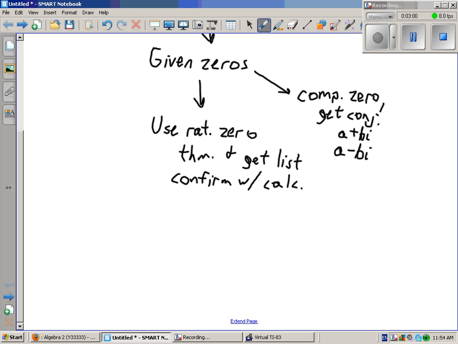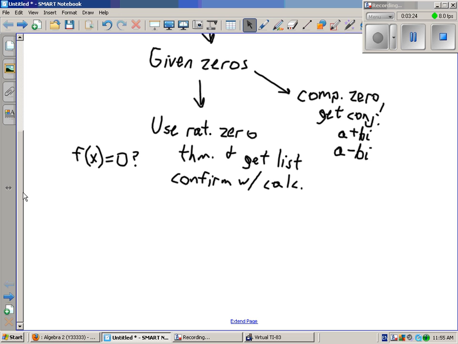When we confirm these, we ask, is our function actually equal to 0 at that point? So we use the calculating menu on the graph utility and see if it's actually equal to 0 there.